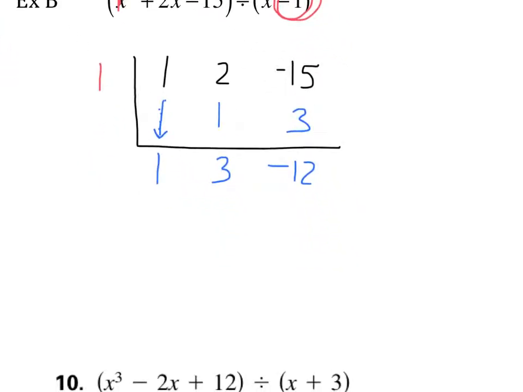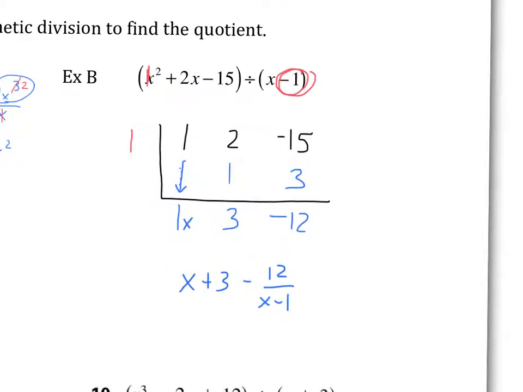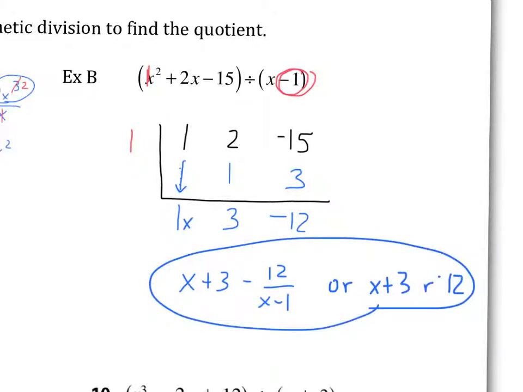And effectively, I just attach an x to that. So x plus 3 minus 12 over x minus 1. Where did that x minus 1 come from? It's my divisor here. It goes down below. This is my remainder. It goes right there with a negative. And this is the polynomial. Or writing it as remainder, x plus 3, remainder negative 12. And those are my answers.